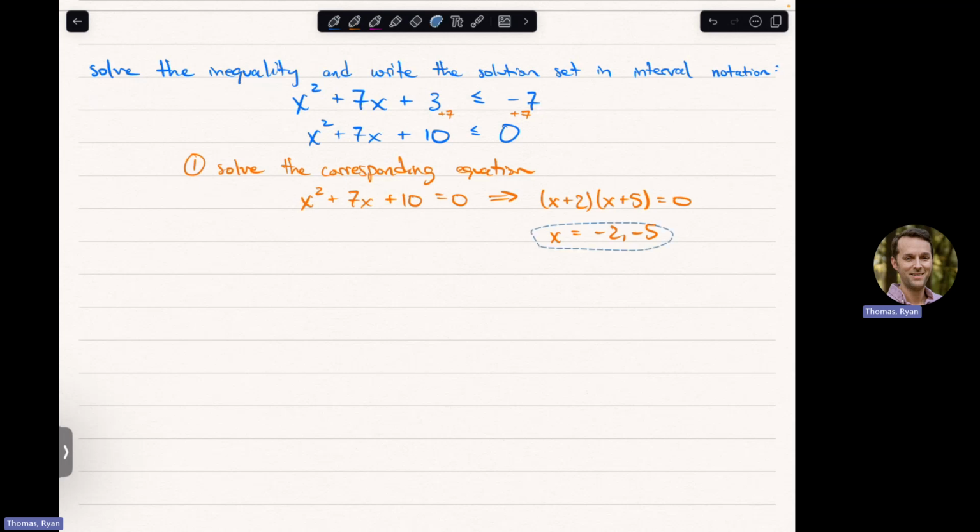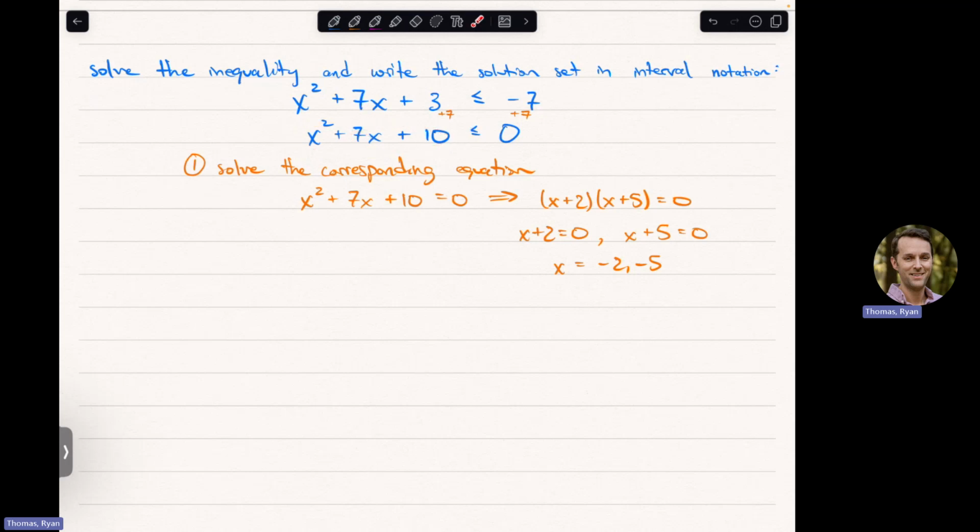Okay, fine. For more on this, there's a separate video on solving quadratics. But okay, there you go. So -2 and -5 are the solutions to the equation. That means x equals -2 or x equals -5 makes the left hand side of this thing 0.